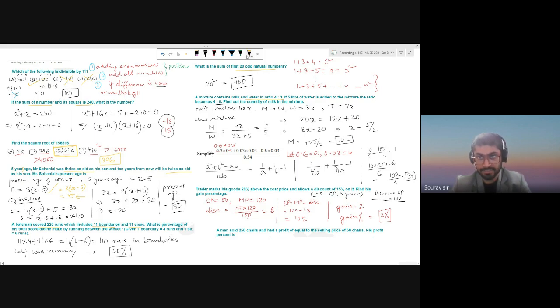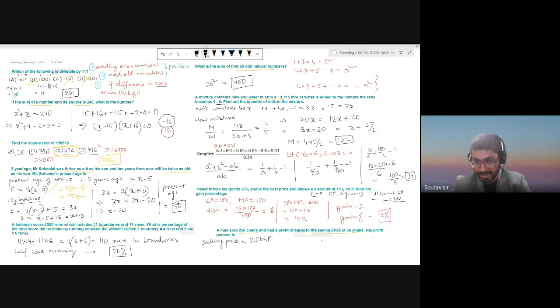Right? The last sum from these few that I have collected. A man sold 250 chairs and had a profit equal to the selling price of 50 chairs. All right. So what is his profit percent? Total selling price, assume that the selling price of each chair is SP.